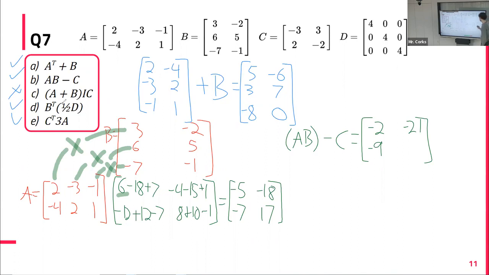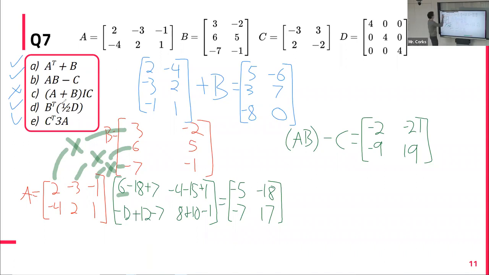And 17 minus -2, that looks like 19. Okay, so there's the first 2.